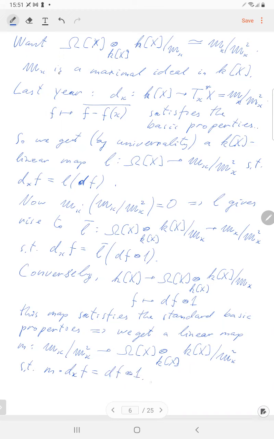Oh, sorry, yes, thank you, just modulo m_x. And now clearly M and L are inverse to each other.